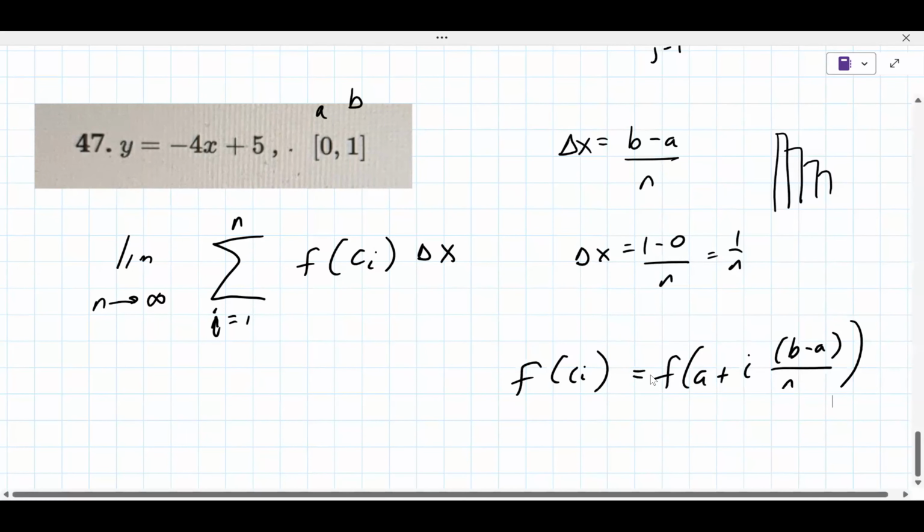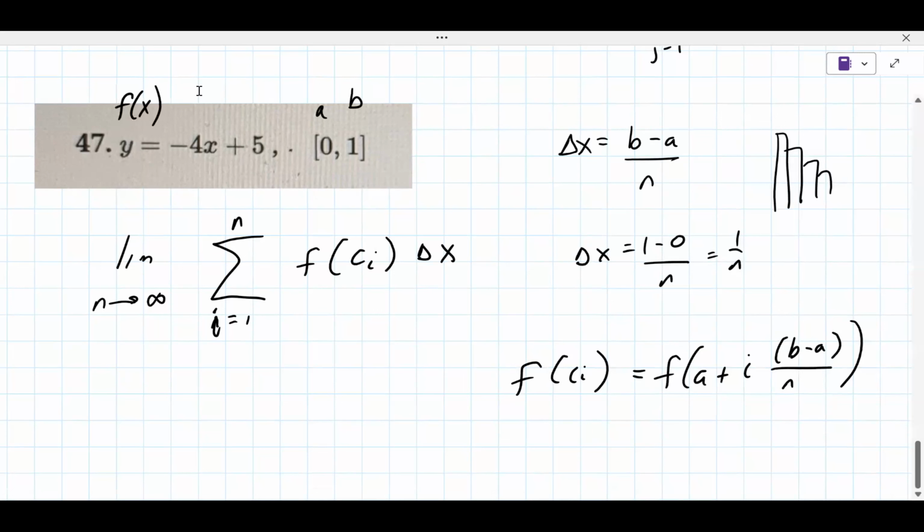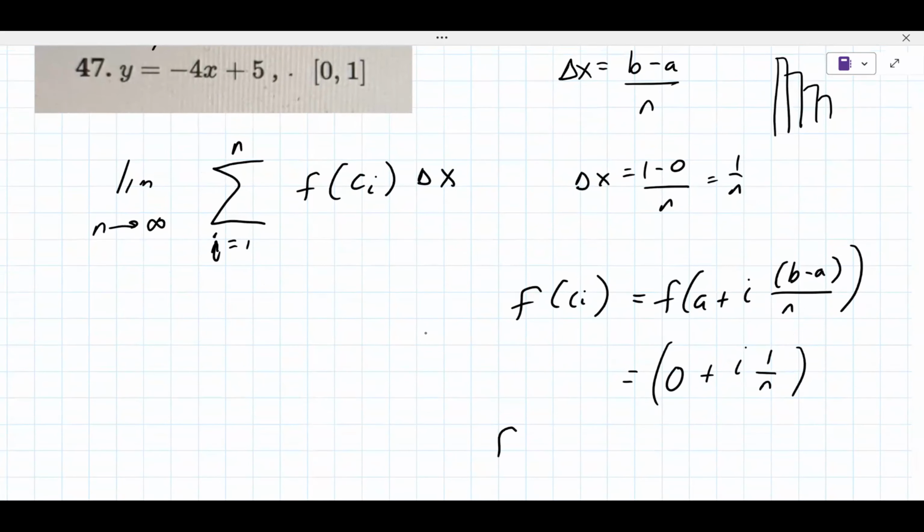So your function in this problem is 0 plus i times 1 over n, so your c_i is just i over n. And then that is what goes into the function.